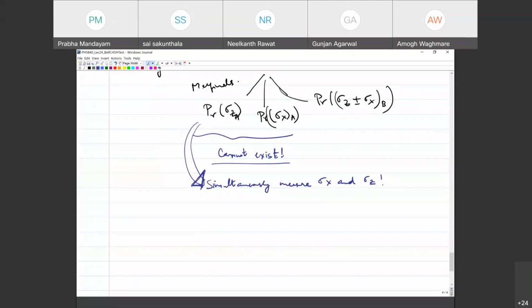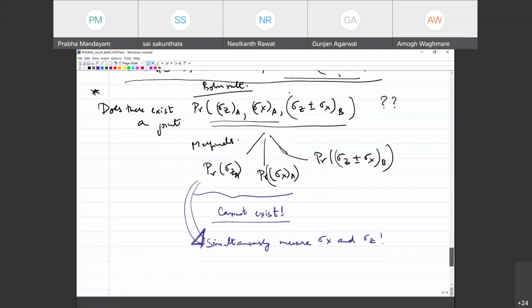So I cannot have a consistent way of defining a marginal for X and Z, because that would then imply that I can somehow simultaneously measure X and Z.